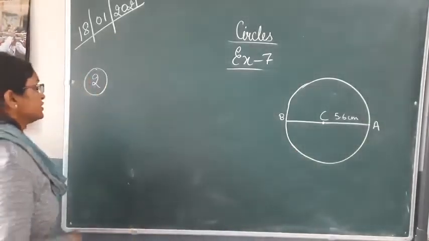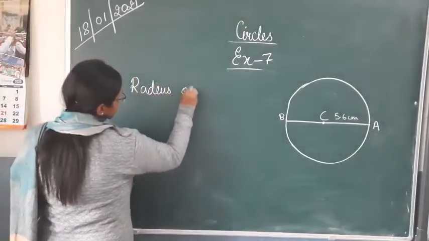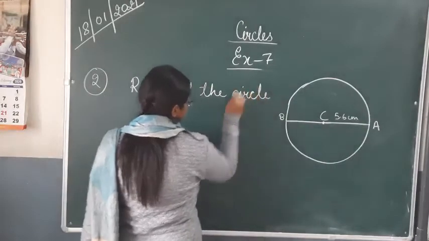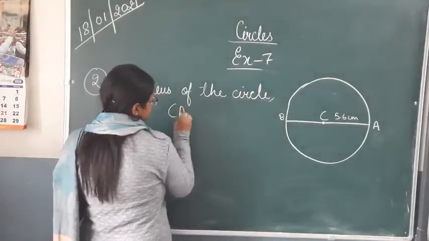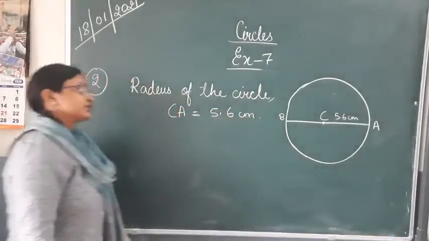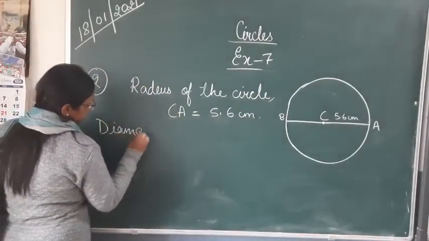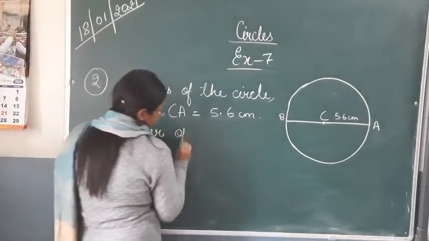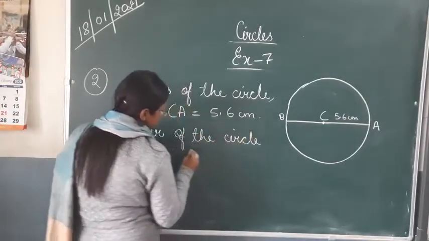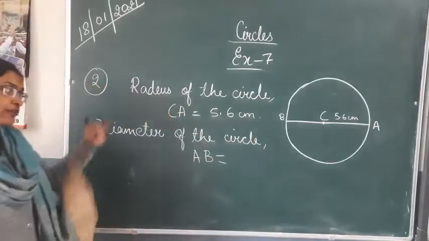So here we can mention that radius of the circle, or CA, is equal to 5.6 centimeter. So diameter of the circle, or AB, is equal to double of radius.